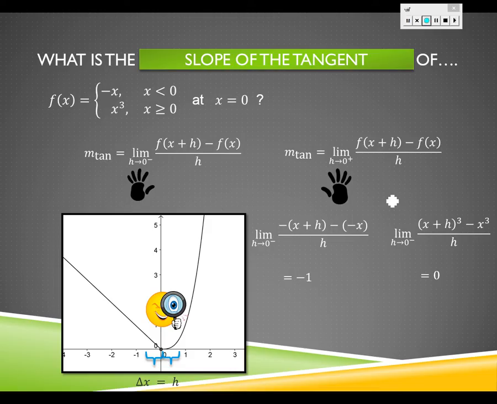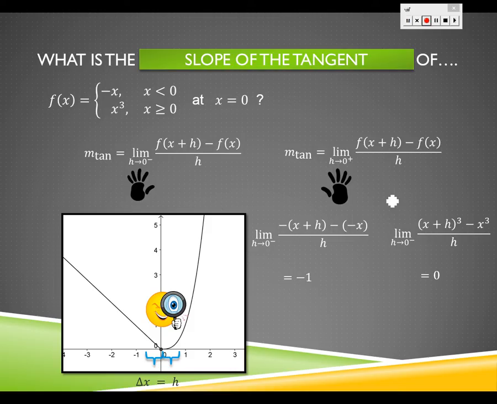So what can we conclude? What fails to exist here at 0? Yeah, the slope, the instantaneous rate of change fails to exist. The slope at that point fails to exist.